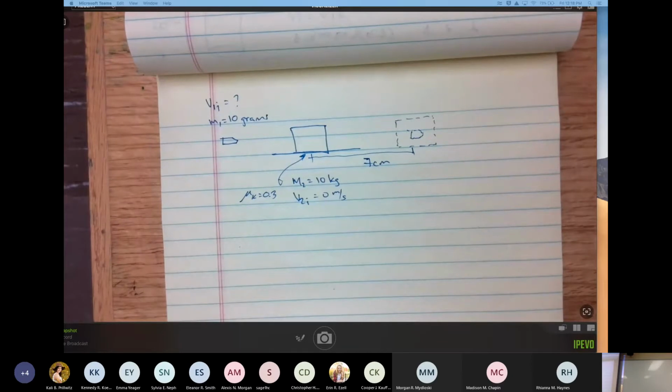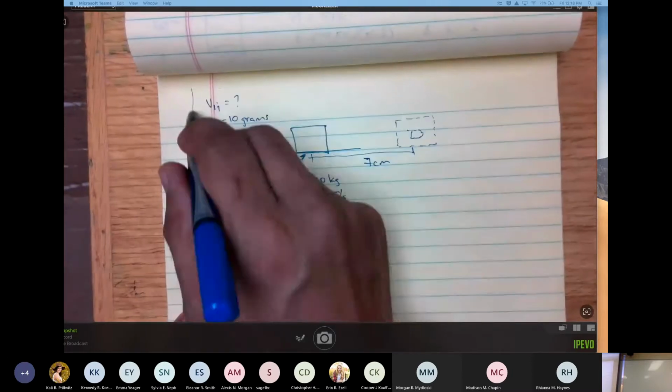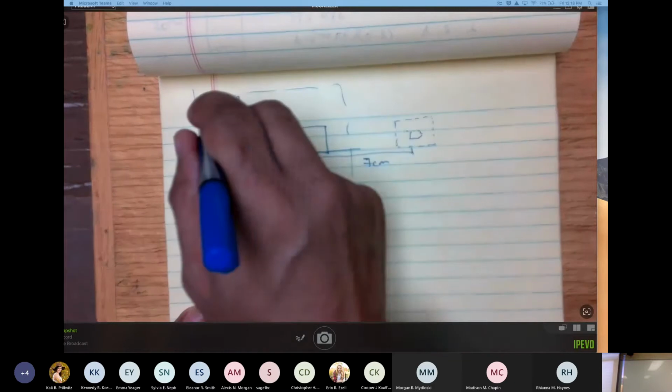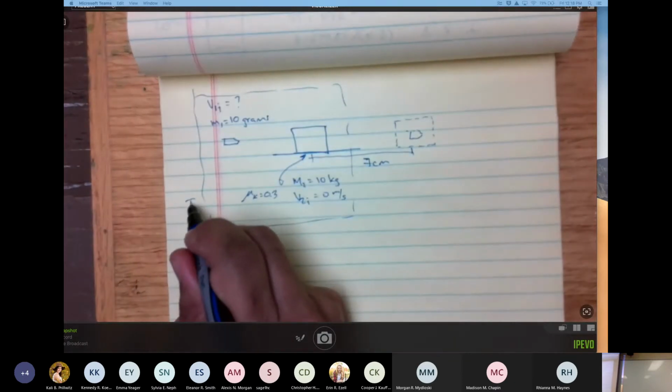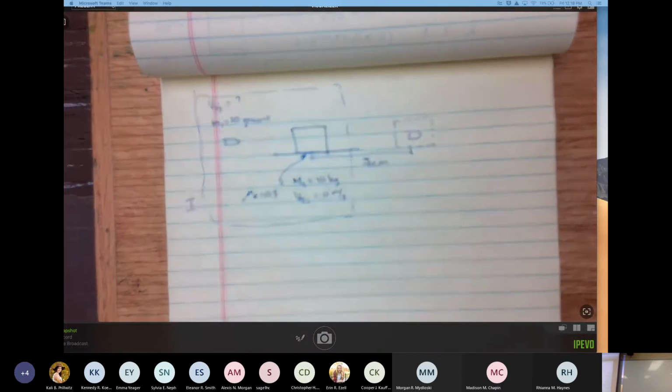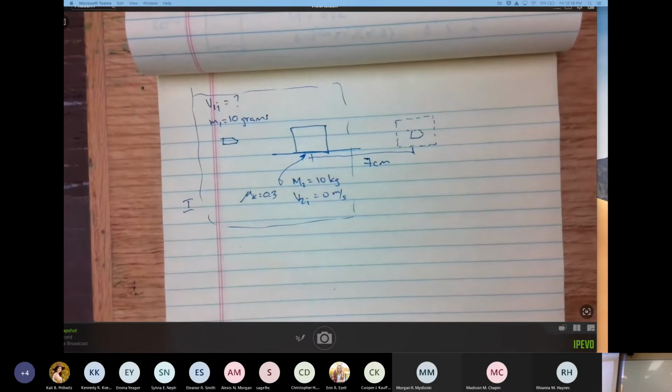The problem can be divided in two parts. Okay. The first part is the bullet hitting the block. So you can imagine that it's going to be somewhere around there. So that's going to be the first part of the problem. The second part of the problem is once the bullet is inside the block and the block starts moving, the block is going to start slowing down because of friction until it comes to a full stop.